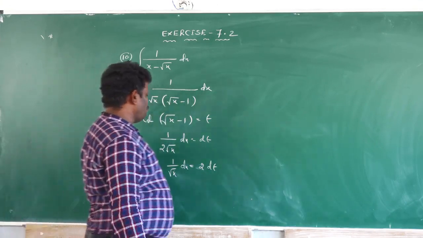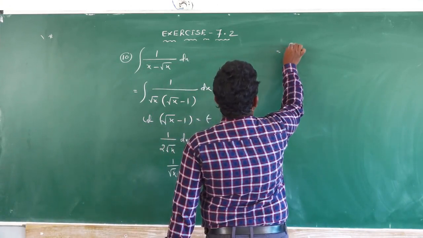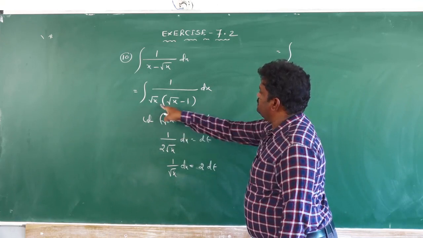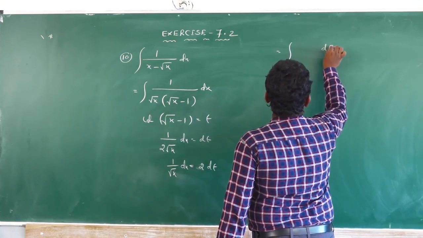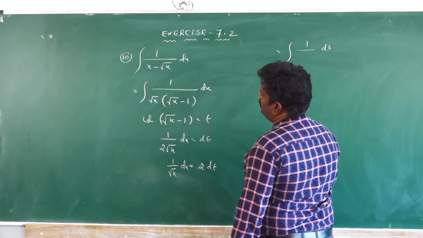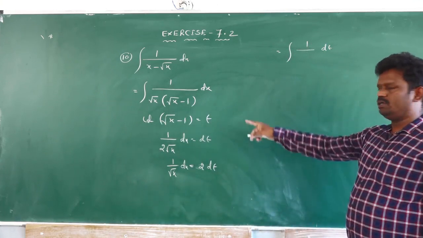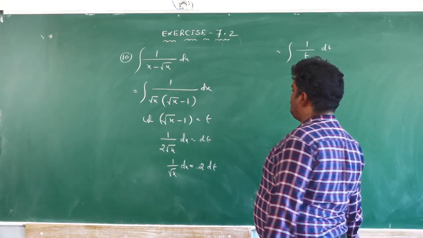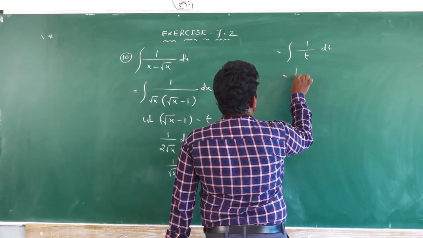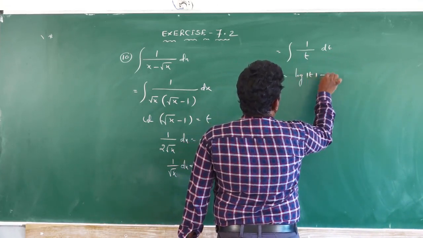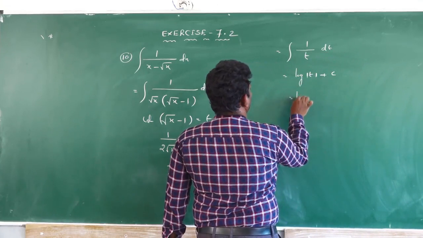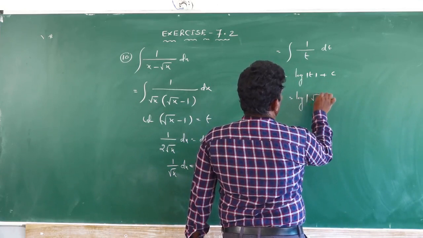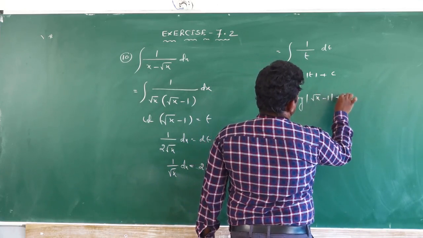So the next step: integral 1 by root x dx is replaced by dt value, and 1 by root x minus 1 is 1 by t. Now what is the integral of 1 by t? It is log t plus c, that is log of root x minus 1 plus c.